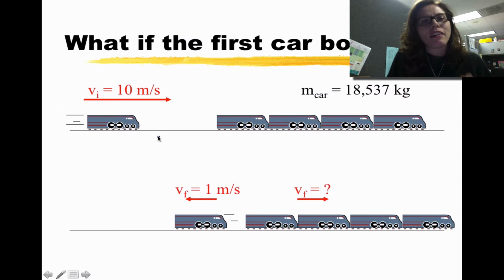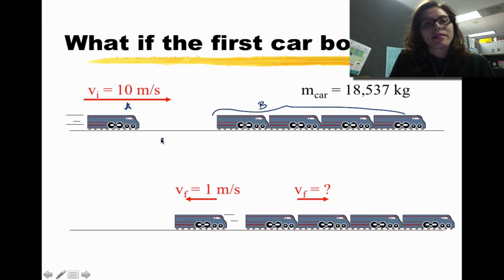Welcome back. Let's solve for this. So everything in our system is this first car and these next cars. We'll call them A, and we'll call all these cars together B. So momentum initial equals momentum final.